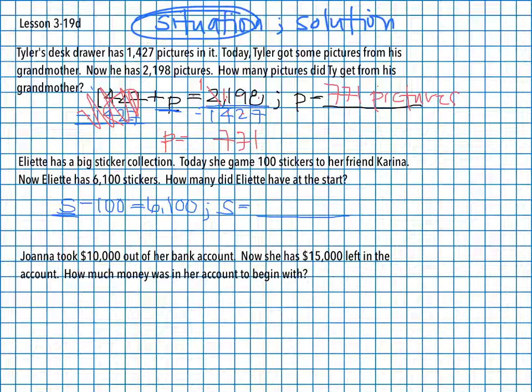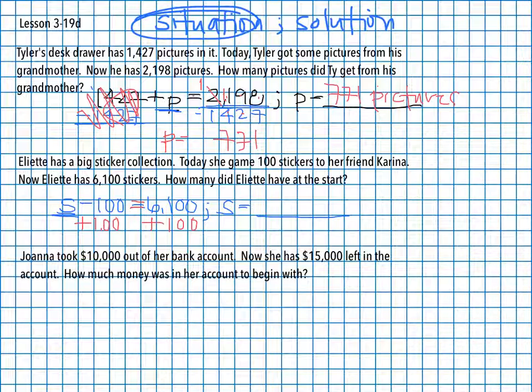How do we do that? Well, again, we want to get our variable on one side and our number on the other. So variables here, we have to get rid of this number. What is the opposite of subtracting 100? Well, the opposite of minus 100, subtracting 100, would be adding 100. Whatever I do on one side of the equal sign, I have to do on the other, and that's why it's sometimes referred to as the same as, because if you do it here, you have to do the same as you do over here.